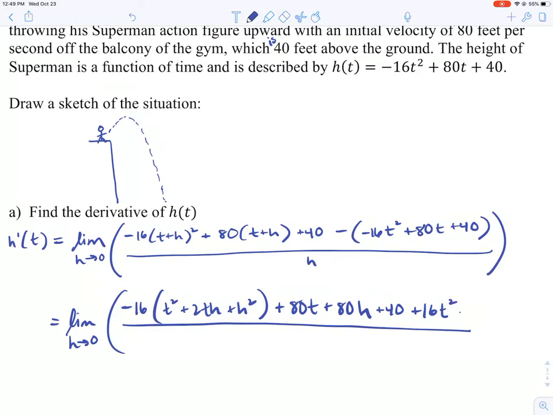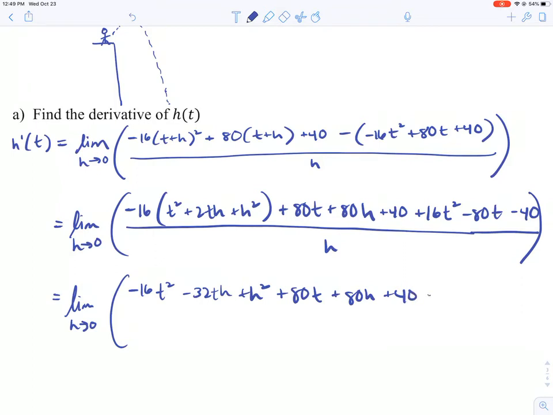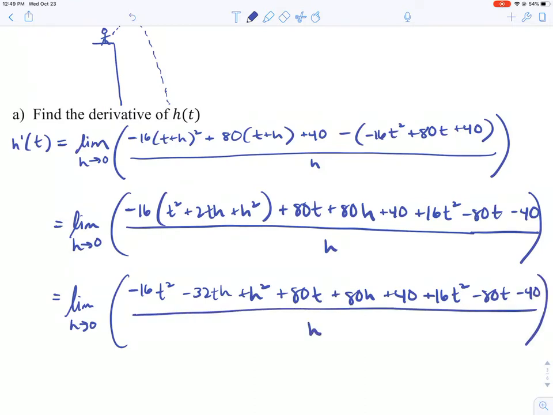Distribute that 80 in. And the negative. And then also distribute the negative 16. Look at what cancels.